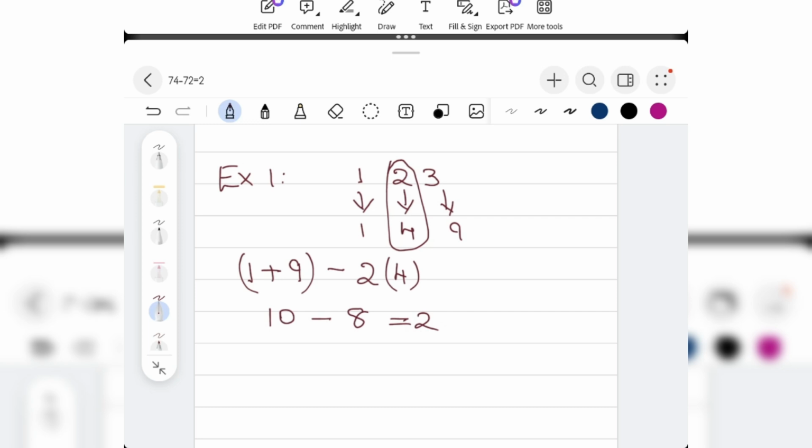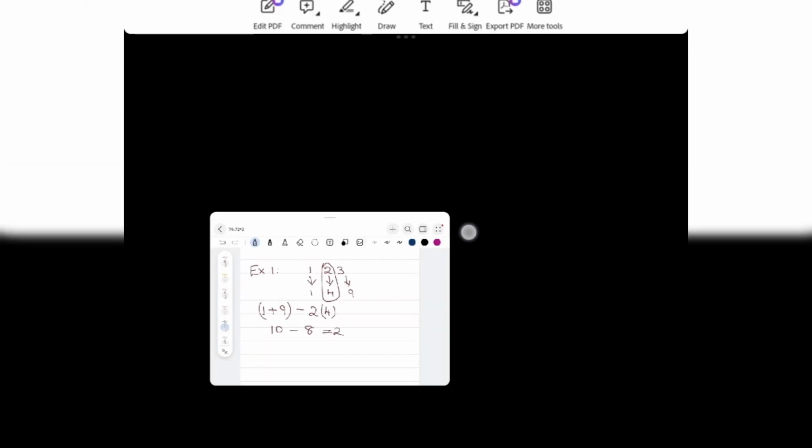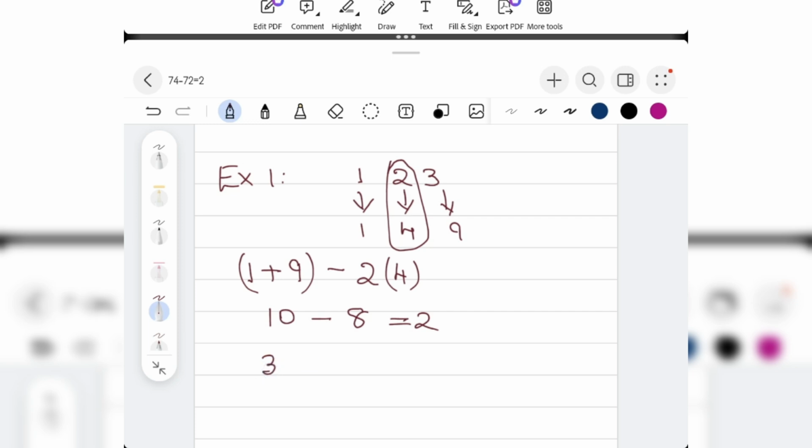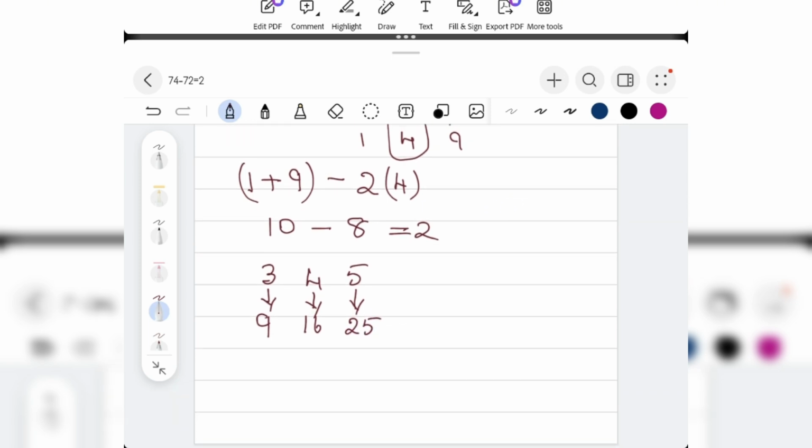Similarly, take another set of numbers. Let us take 3, 4 and 5. What is square of 3? He says here, now he's taking the next three consecutive numbers. Squares of these three numbers: 3 is 9, 4 is 16 and 5 is 25. Here we apply the same logic.